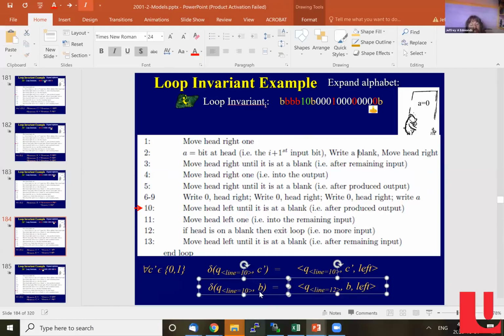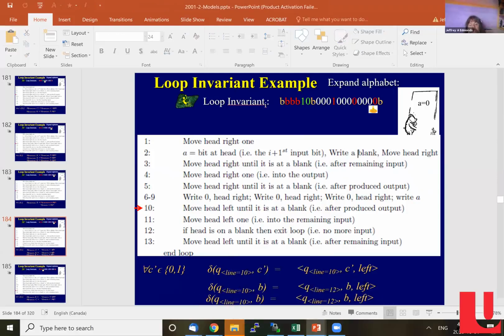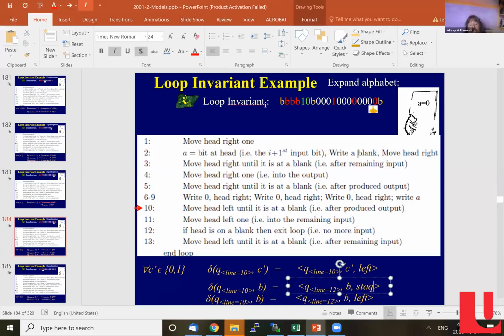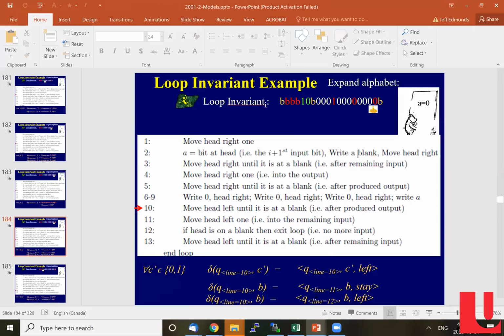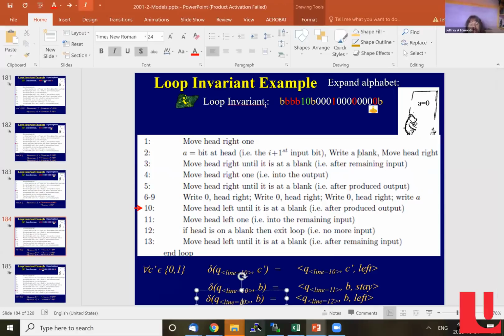Let's take this and double it. And then here I'm going to put stay. And here I'm going to put 11. So from line 10, I write the blank and keep the head in the same place. And then I'm in line 11, and I'm still reading a blank, right? Because I just wrote that blank. And then I go to line 12, and I keep the blank, and I move my head left, right?